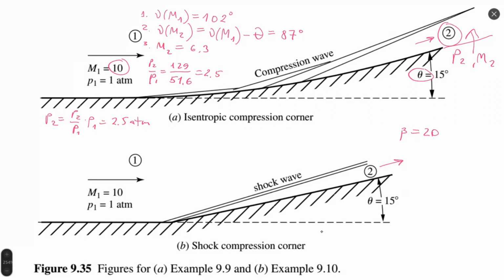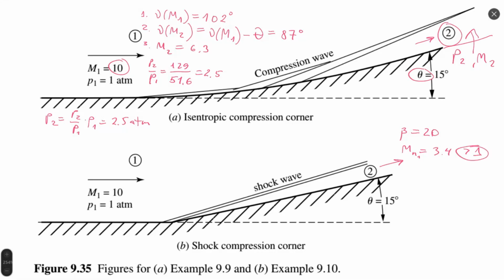When I have beta 20, Mn1 is M1 multiplied by sine of 20. I will calculate. 3.4. Okay, more than 1. Our first checkpoint. It must be supersonic.